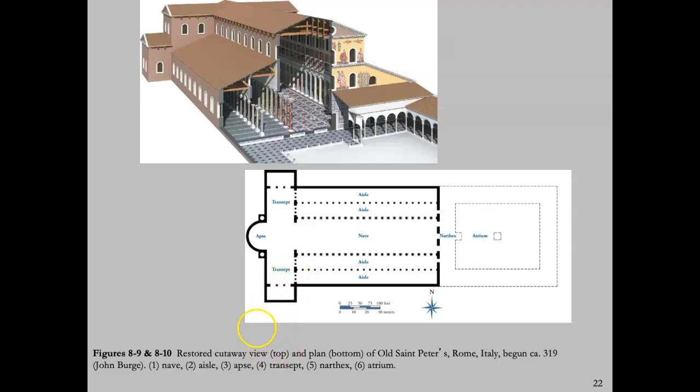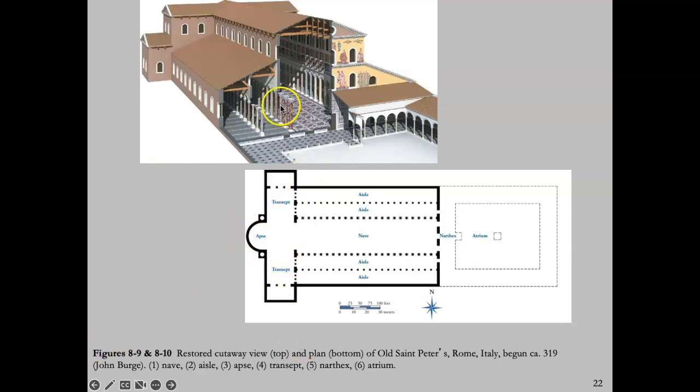It allows for a nice flow throughout the building. So instead of just walking through the narthex to get to the church, you could also enter from the sides and not disturb the worship.